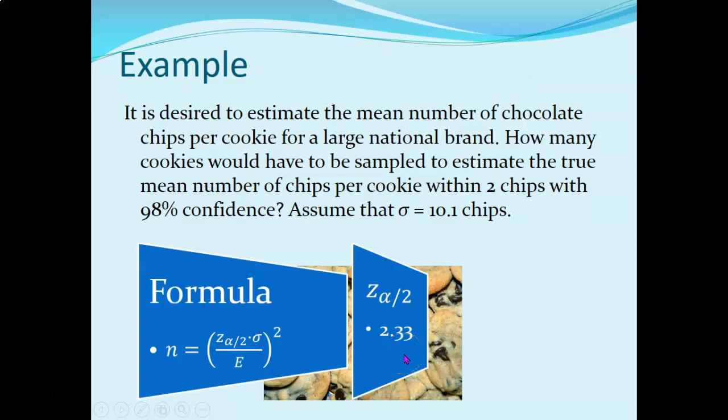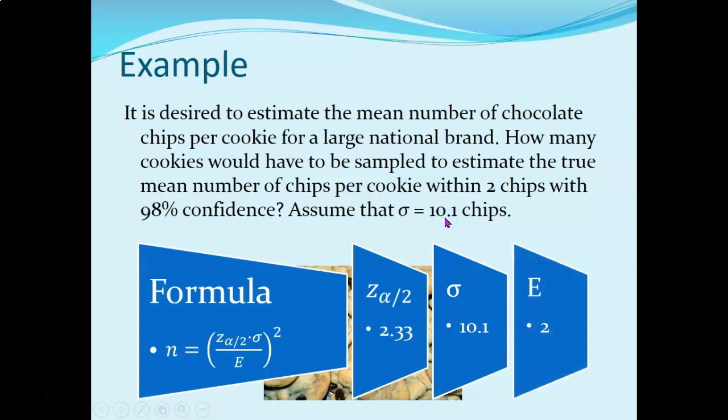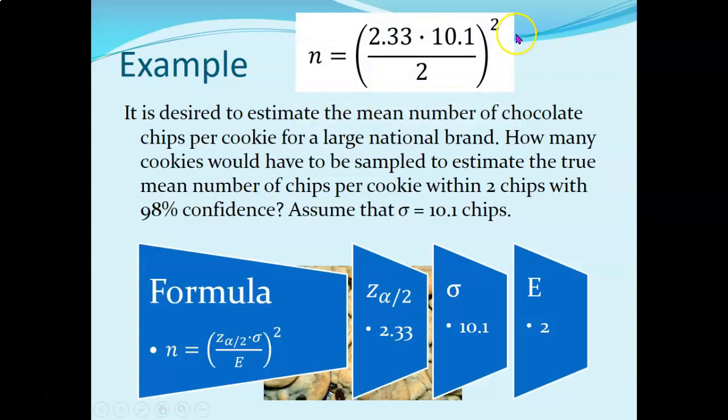That was the number that was on the little table for when you're doing 98%. Sigma is 10.1, and E is 2. So when we put those into our formula, we get n equals 2.33 times 10.1 over 2, squared.